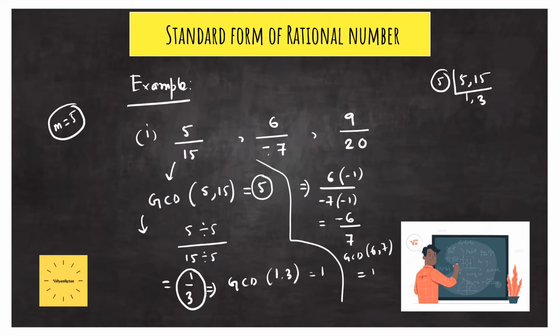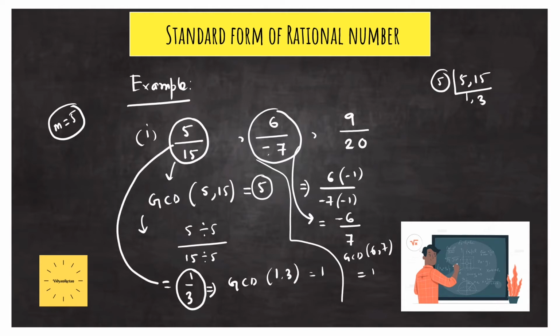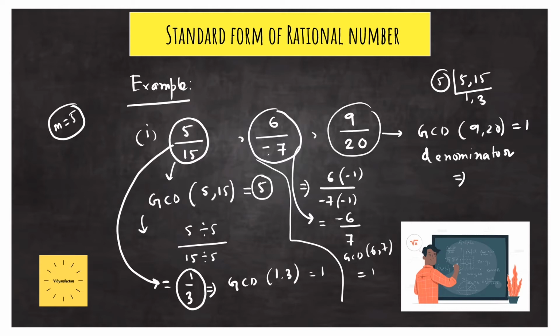So 6 by minus 7 in standard form will be minus 6 by 7. Again 5 by 15 in standard form will be 1 by 3. And for 9 by 20, we already checked that GCD of 9 comma 20 is obviously 1, and the denominator is already positive. So 9 by 20 is already in the standard form.